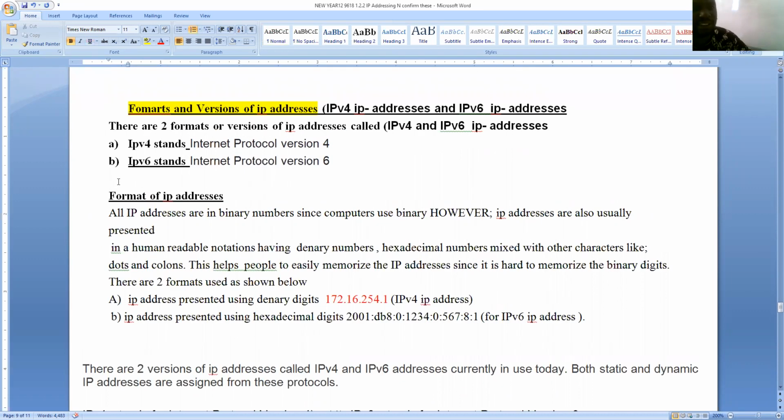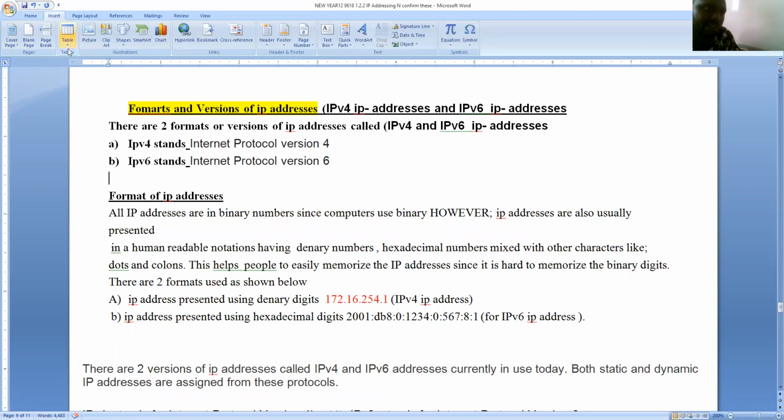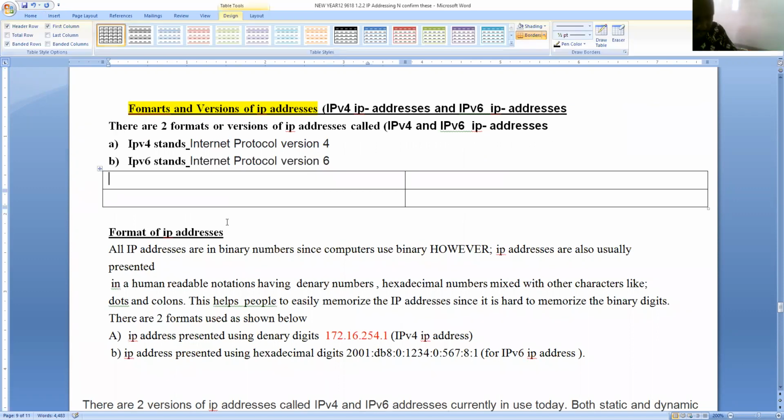Now, let me first give you an example of an IPv4 IP address. Then also give you an example of an IPv6 IP address. Is it okay? Then you see the difference. So here, I want to create a table. That table will have examples of IPv4 IP addresses.